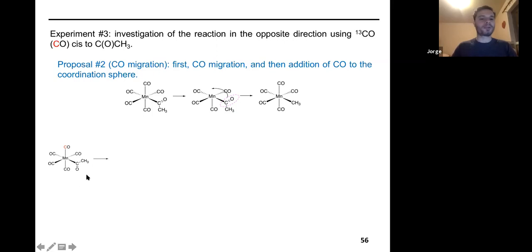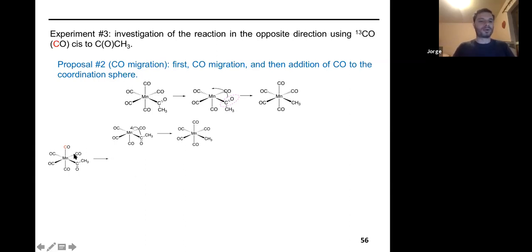Okay, so first possibility is to first lose the CO at the top. That will result in migration of the CO group to the vacant site, producing CO cis to CH3, but no carbon 13 in the structure.